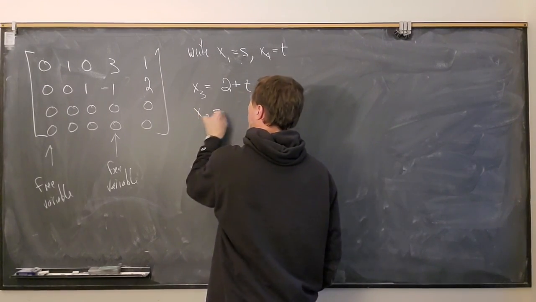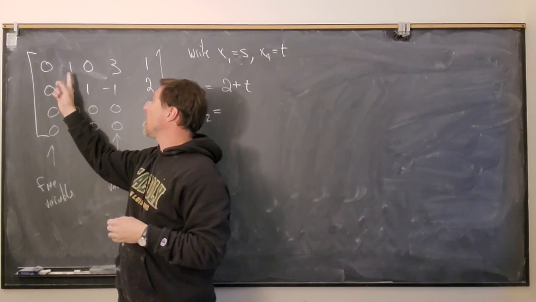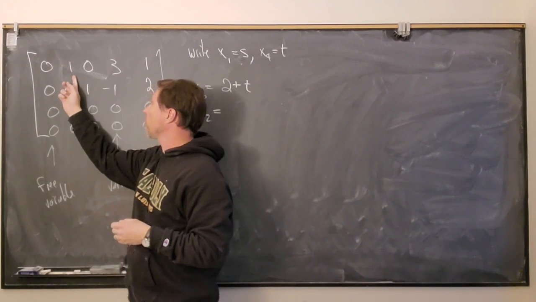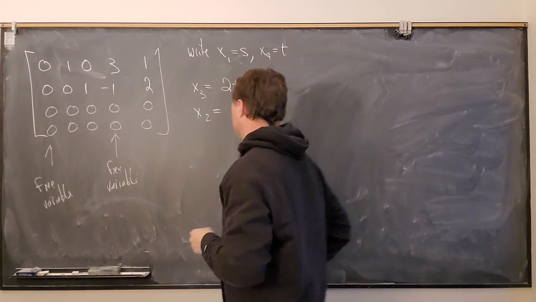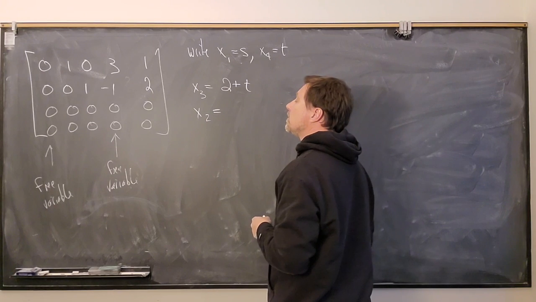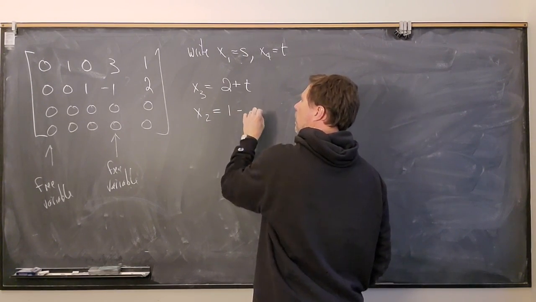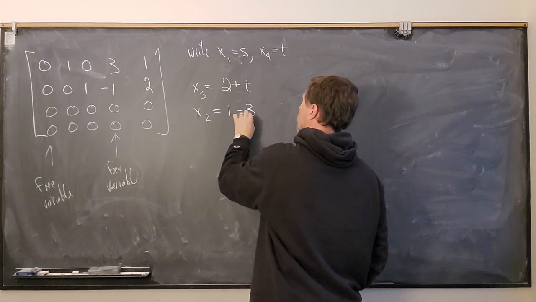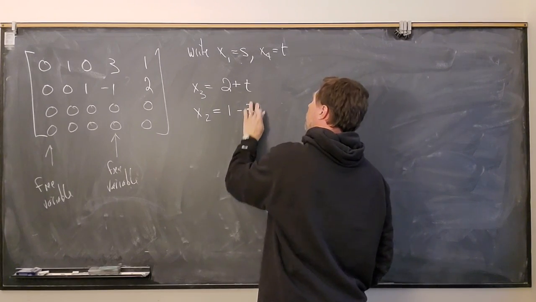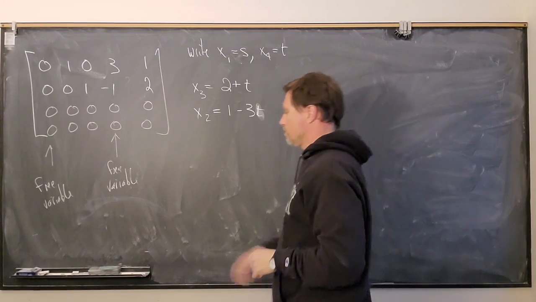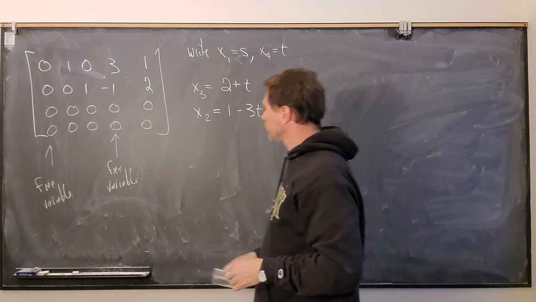x2, this row would correspond to the equation x2 plus 3 times x4 equals 1. So x2 is equal to 1 minus 3 x4, sorry, that would be a t. Fix that. Like that.